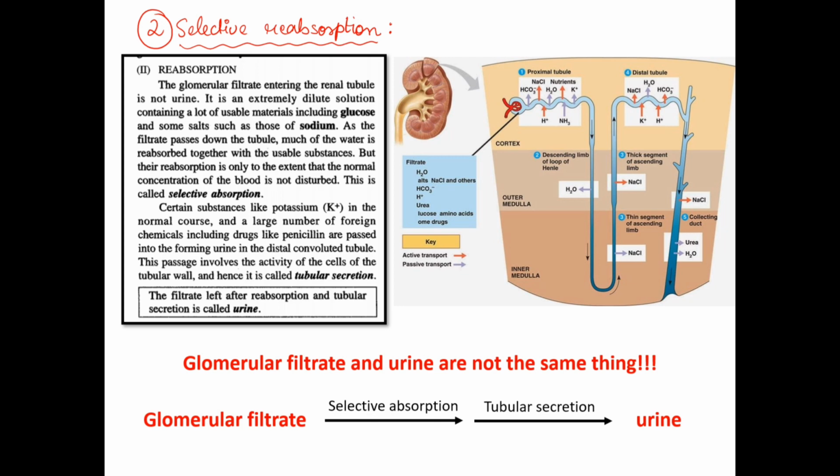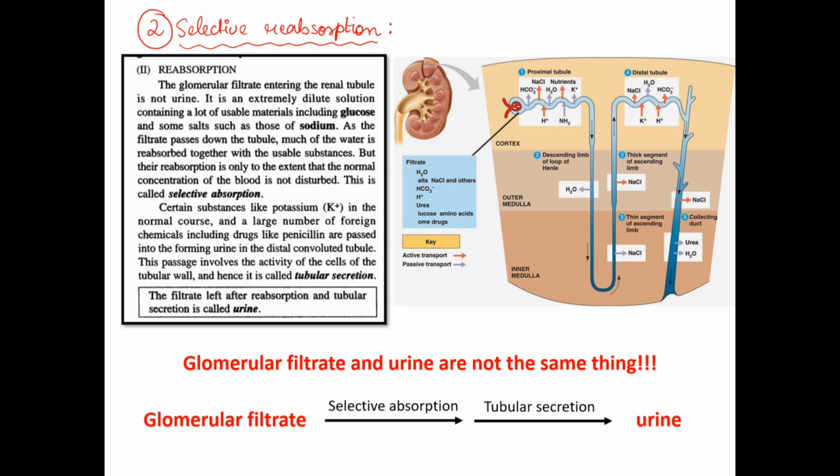So what the body does is that the proximal convoluted tubule reabsorbs much of the water present in this glomerular filtrate, and along with that some amount of glucose and sodium is also reabsorbed. So basically water along with the usable substances are reabsorbed to a great extent.